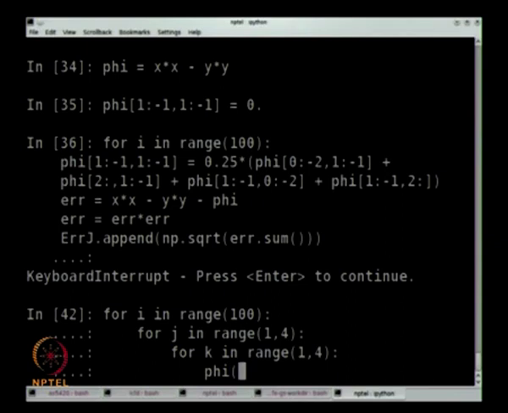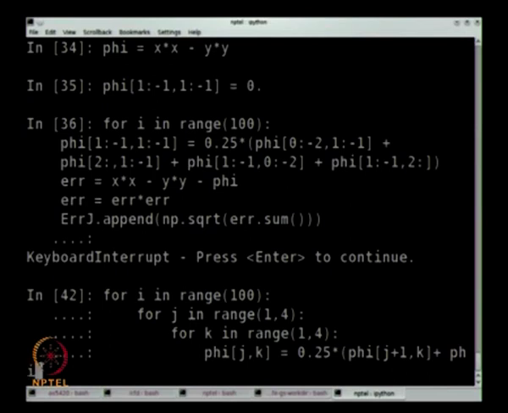Phi of i comma j equals 0.25 times phi of, okay. As I said, this is most probably the last time I will bother you by writing this. j comma k. I have to say wake up Ramakrishna. j plus 1 comma k plus phi of j minus 1 comma k.